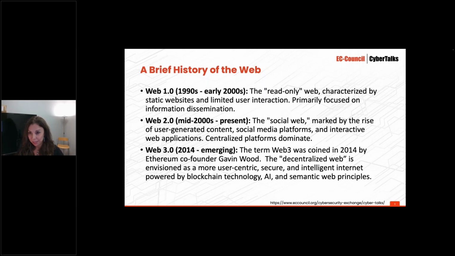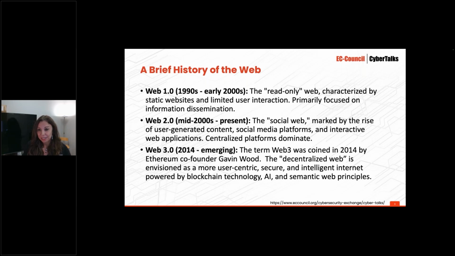And now as we segue into what's called Web 3, it has its roots going back to 2014 and emerging today. Web 3 was coined in 2014 by Ethereum co-founder Gavin Wood. He is currently managing Polkadot, a very popular blockchain Web3 platform for scaling and securing Ethereum-based blockchain services.